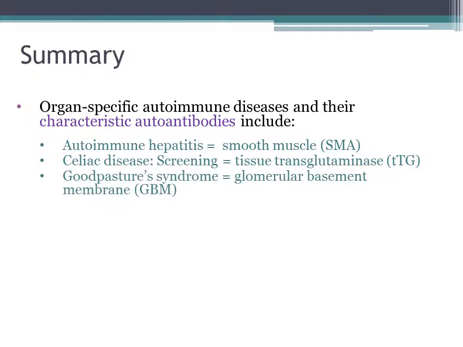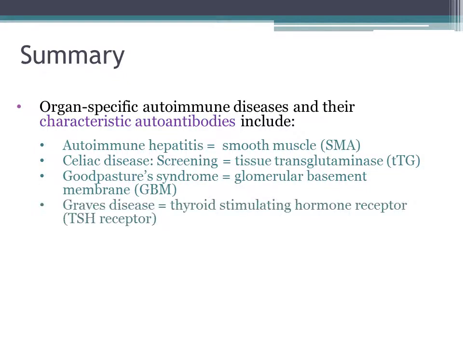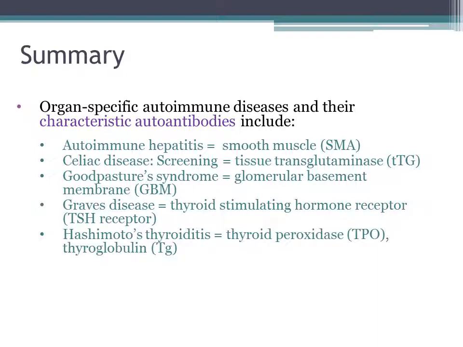In Goodpasture's syndrome, we look for glomerular basement membrane antibody, or GBM. Graves' disease, thyroid stimulating hormone receptor antibodies. Hashimoto's thyroiditis, thyroid peroxidase, which is TPO, and thyroglobulin, which is TG.